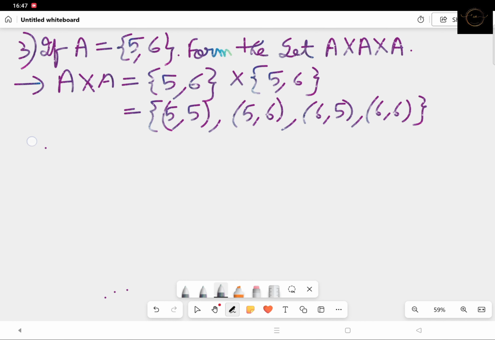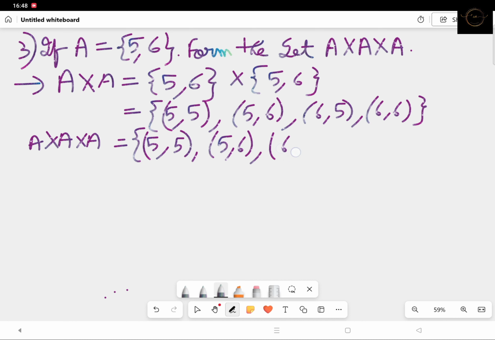Now what about A into A into A? With this whole set, you have to find out the Cartesian product with the set A, that is 5, 6. So first write it down: 5, 5, 5, 6, 6, 5, 6, 6.